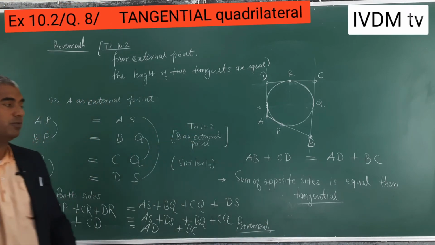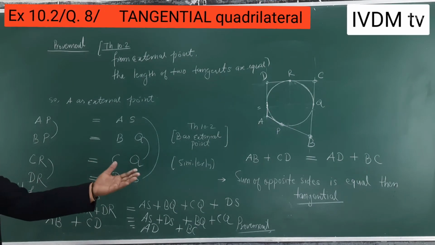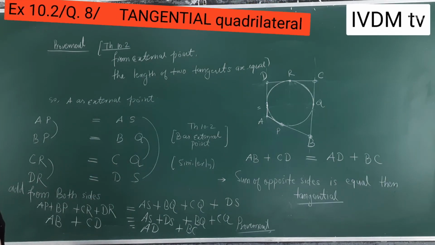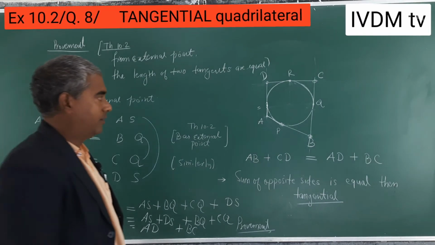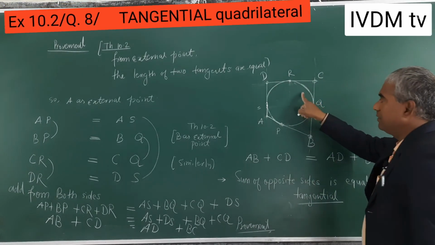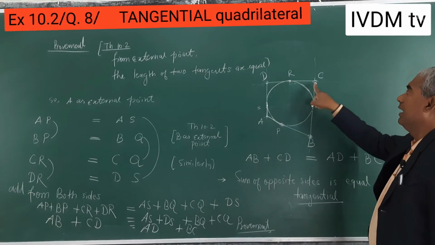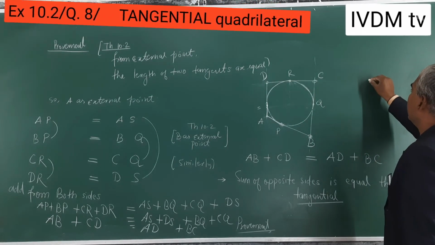So if the sum of the opposite sides is equal, then the quadrilateral is tangential. Only one thing I would like to tell you. This was the circle inside and quadrilateral outside. What do you have in class 9th?